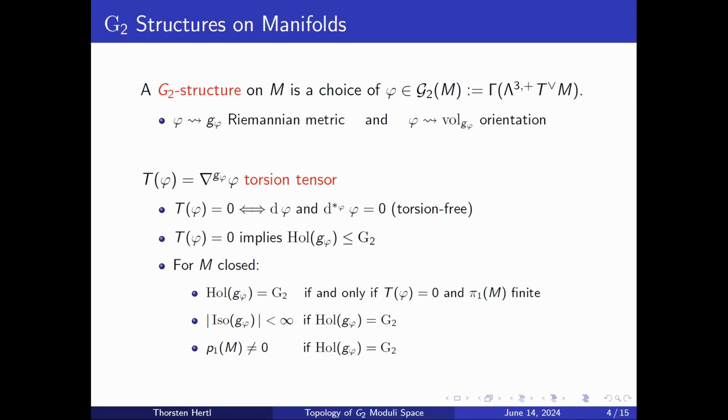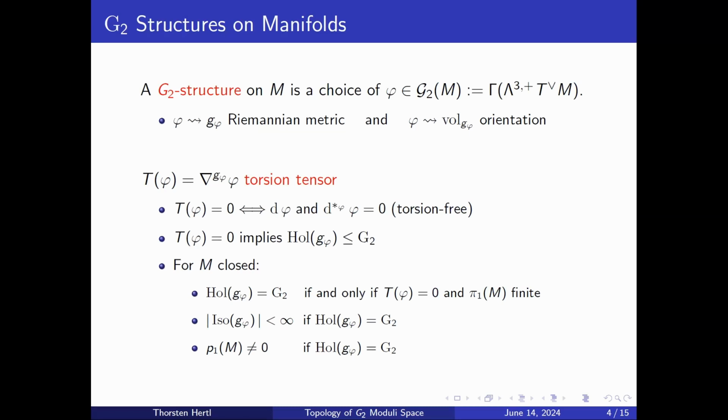It is the differential geometric obstruction against parallelity, against being covariantly constant. So we call the G2 form torsion free if and only if its torsion tensor vanishes. That means if and only if the form is parallel. Just to rephrase what we have.